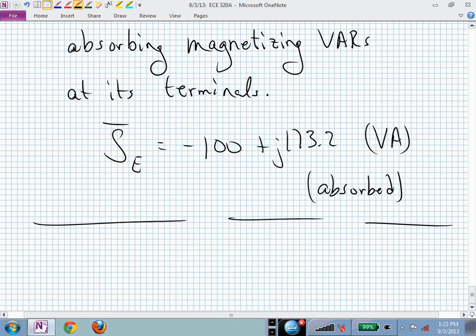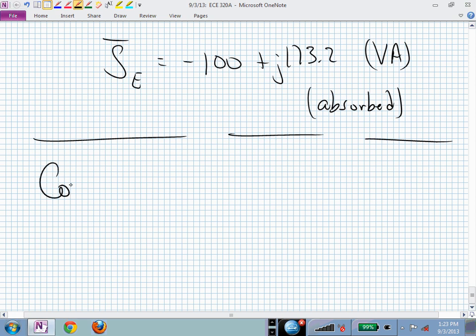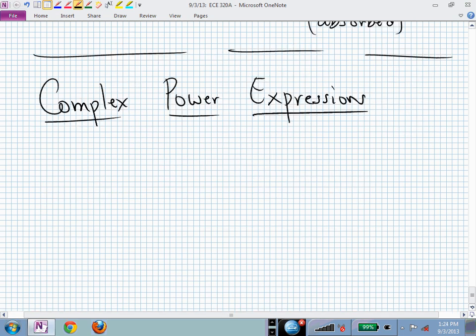Let's look at, we've already done one, but just playing with the complex numbers, we can generate several different expressions that are equivalent. If somebody says, okay, here's my complex power, that I know in RMS units is the voltage times the complex conjugate of the current.